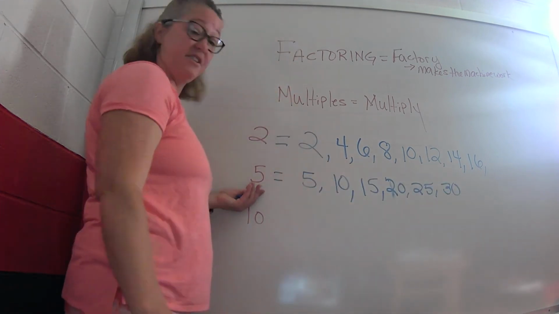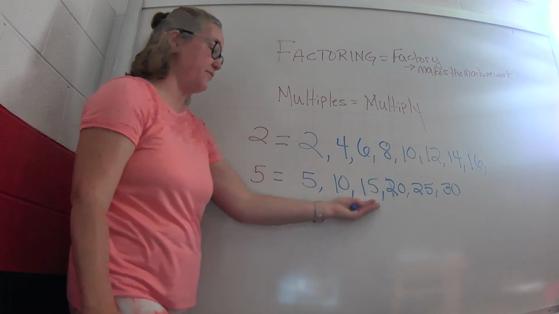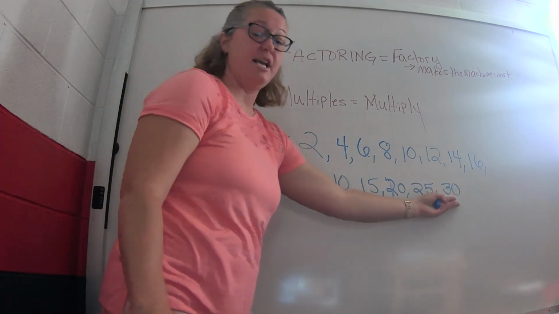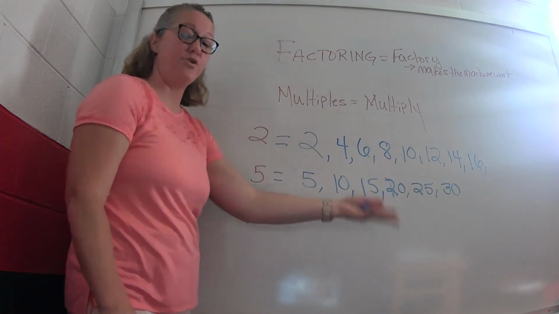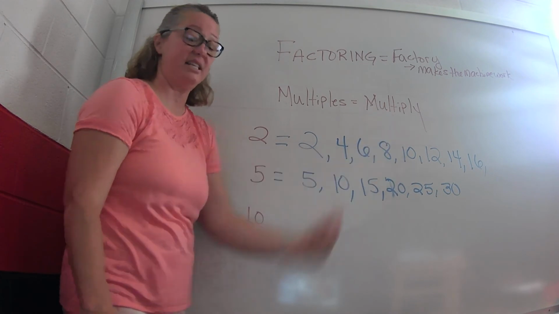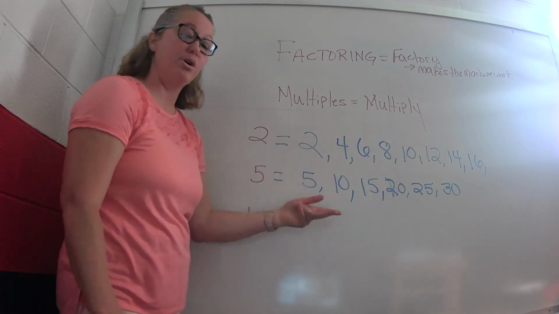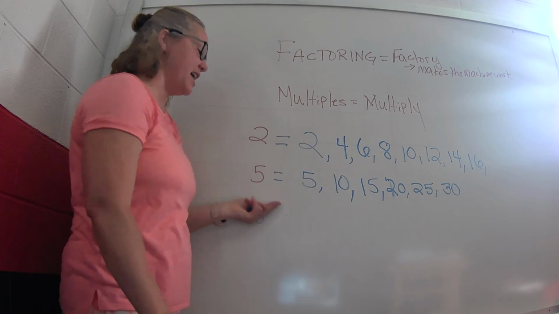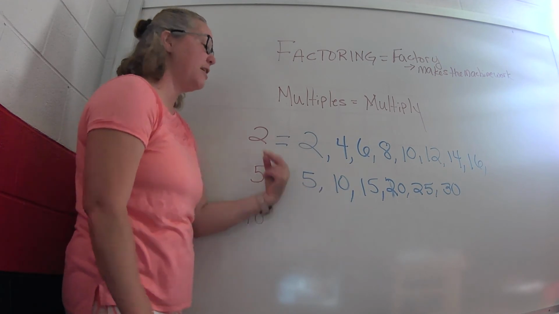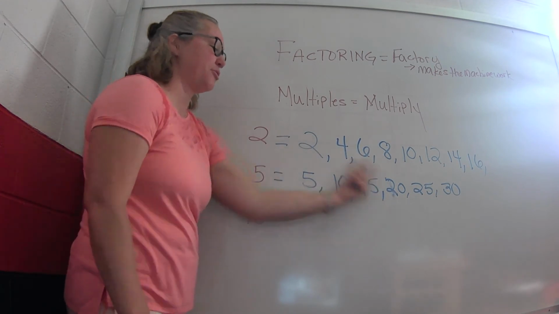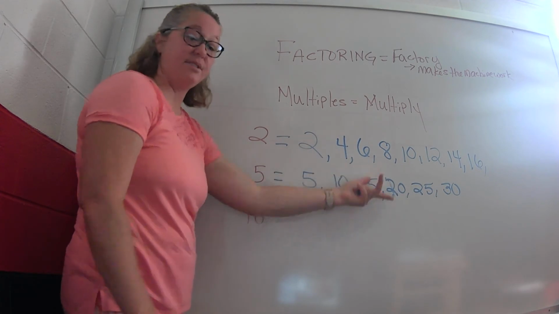That puts us out to times 6. So 5, 10, 15, 20, 25, 30. If we continued, we'd have 35, 40, 45, 50, 55, 60. All right, those are all multiples of 5 because we're doing 5 times 1, 5 times 2, 5 times 3, 5 times 4, 5 times 5, 5 times 6, and so forth.